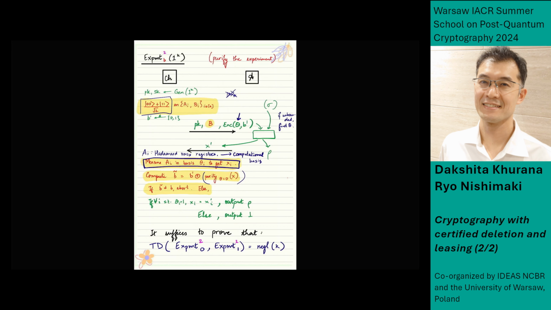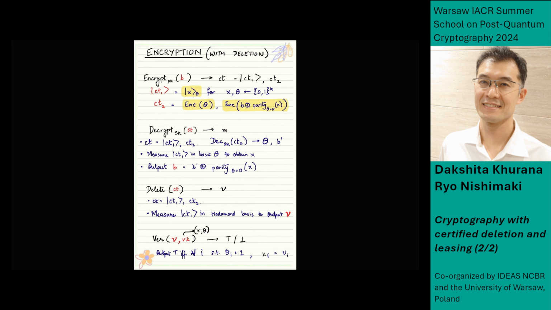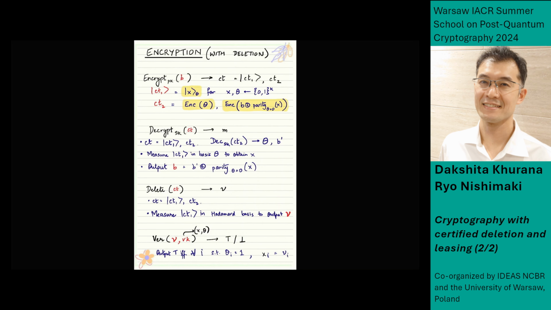So the next game, experiment 2, is like this. Instead of generating the BB84 state for the quantum ciphertext, we generate an EPR pair, of length N, this should be N, I think, anyway it's okay.